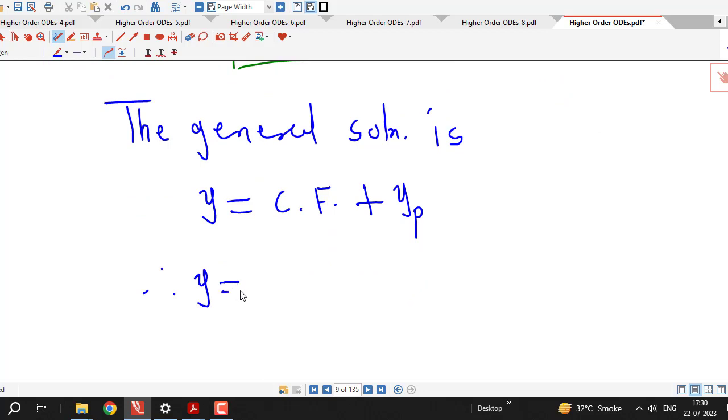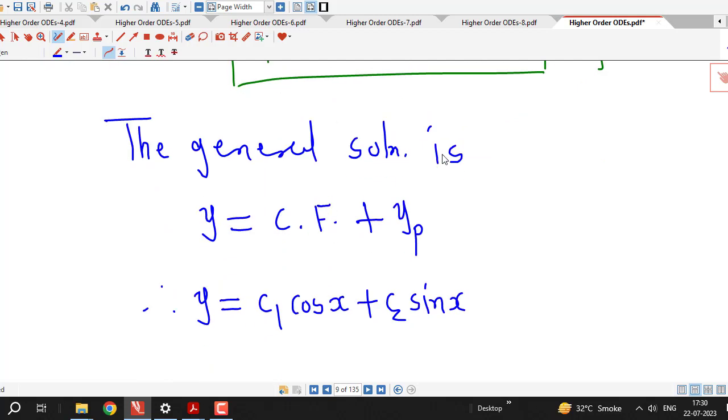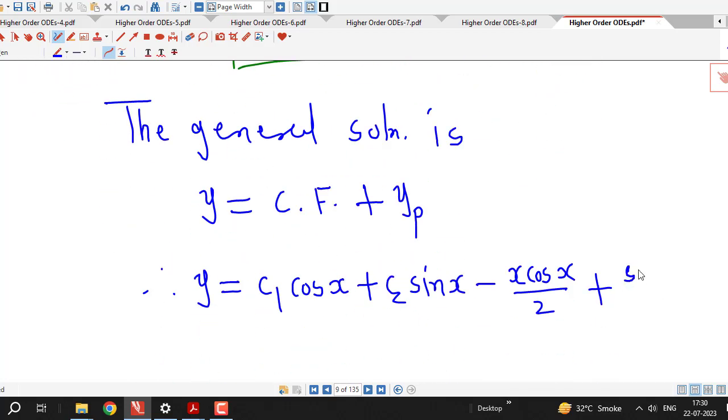So let me put the values of CF and yp. CF was C1 times cos x plus C2 times sin x. The particular integral is minus x cos x by 2 plus sin x divided by 4.